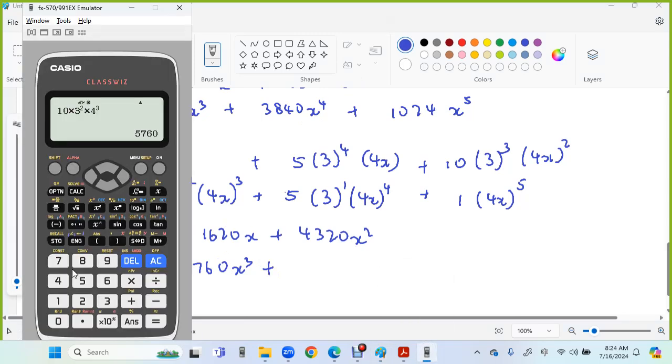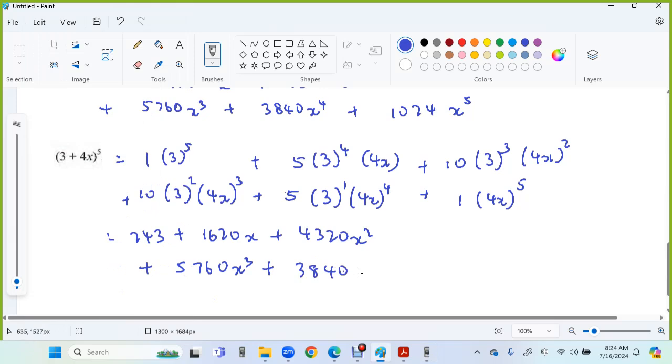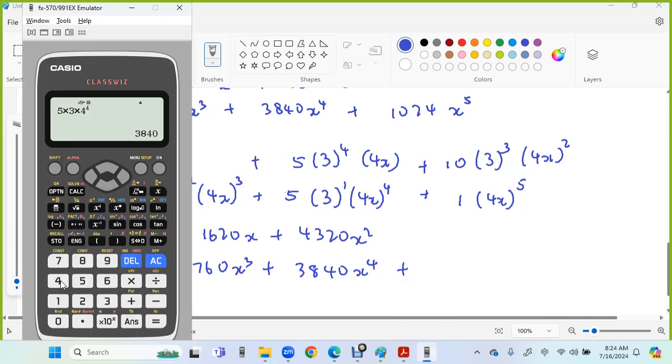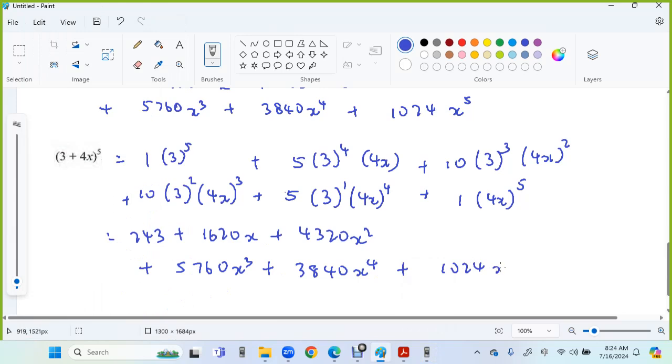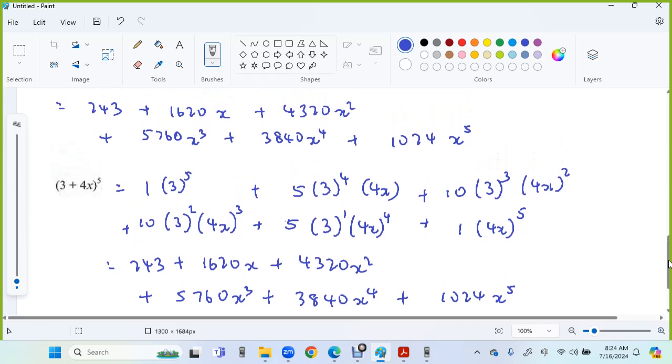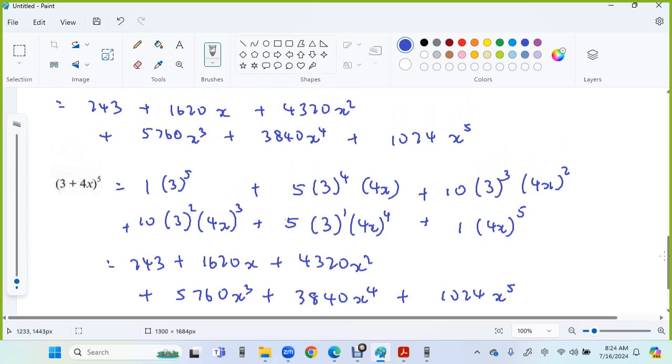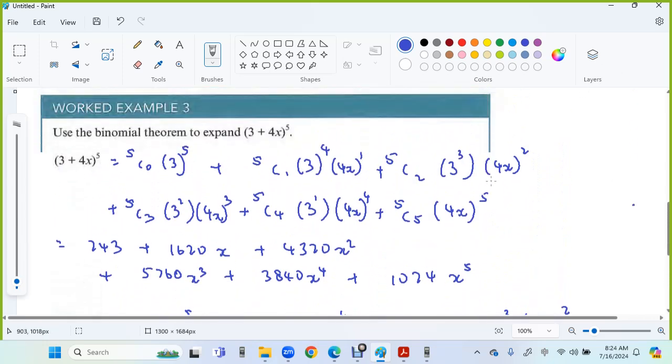And then 5 times 3 times 4 to the power 4, 3840x to the power 4, and then 4 to the power 5, 1024x to the power 5. We can use either one, but normally we will use the binomial expansion. After we learn binomial expansion, we don't use Pascal's triangle anymore.